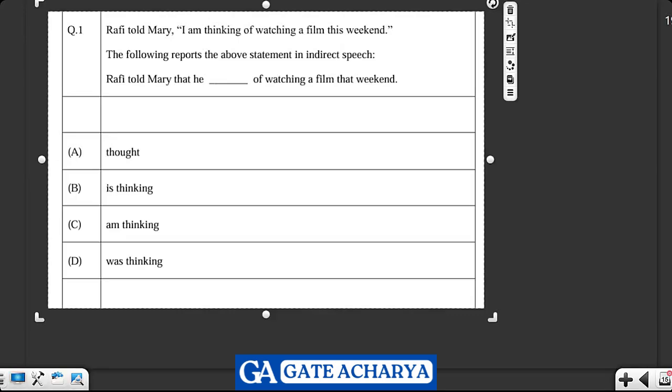Out of the four options, two options will be confusing. So then check the tense and how it works. From there, you can come to a certain conclusion.